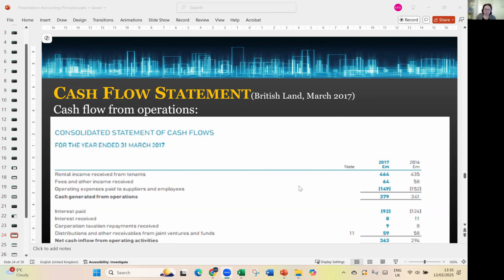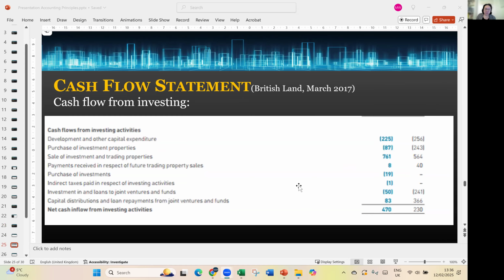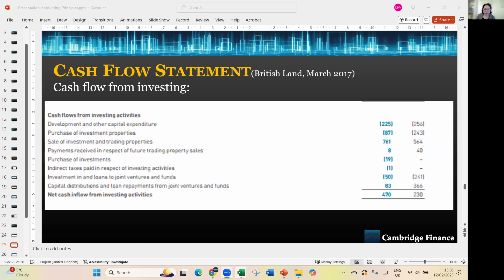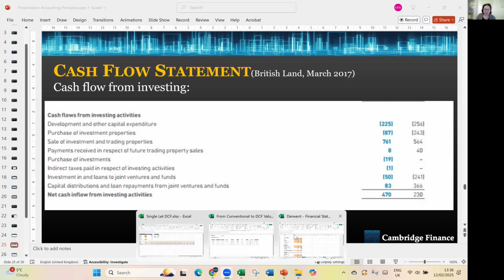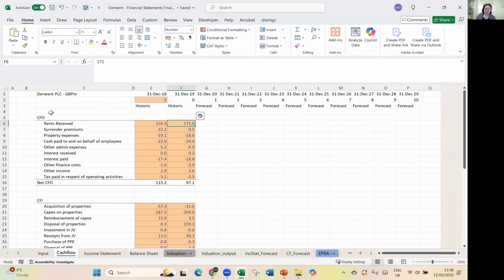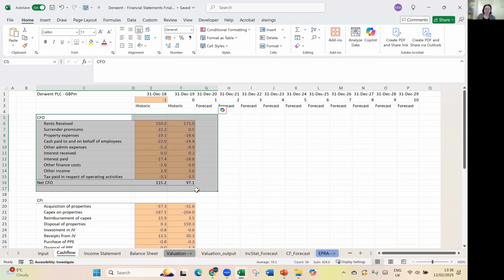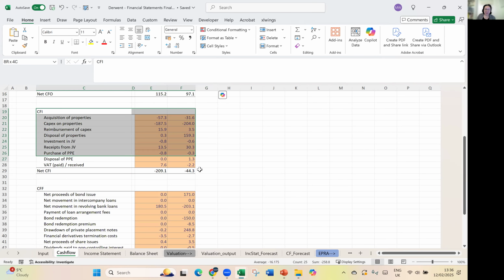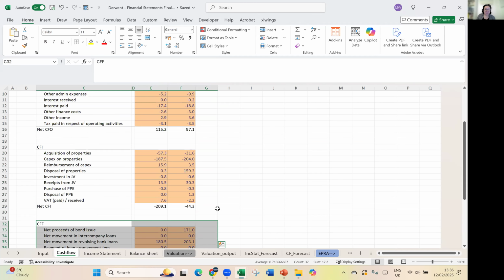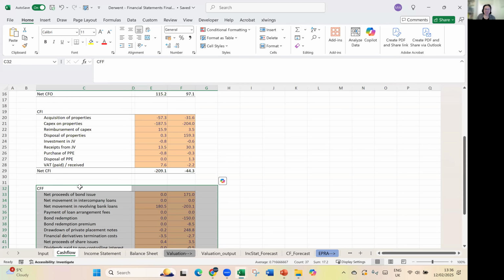And then what else do we need to know? The cash flow statement is an interesting one, and I think my spreadsheet might be better here. Normally with cash flow statements, we need to look at three things, and I quite like it: the CFO, the CFI and the CFF.